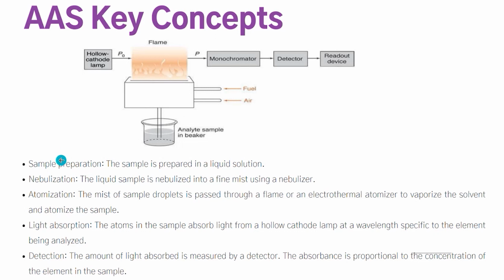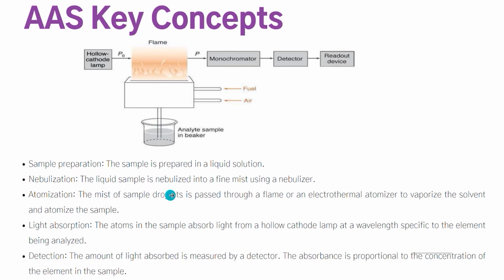Right, so the process of how this works is that firstly, the sample is prepared in a liquid solution. Then the liquid sample here is nebulized into a fine mist using a nebulizer.